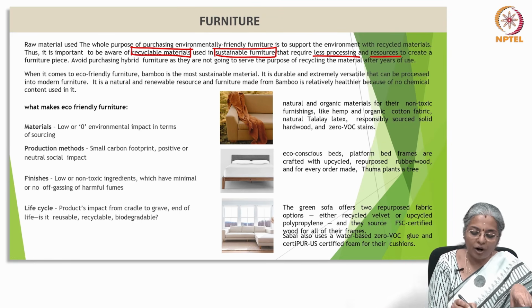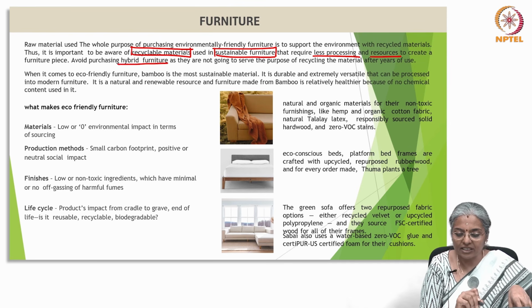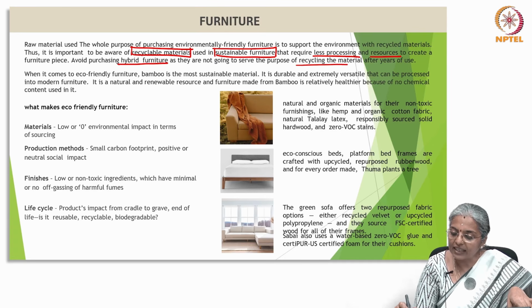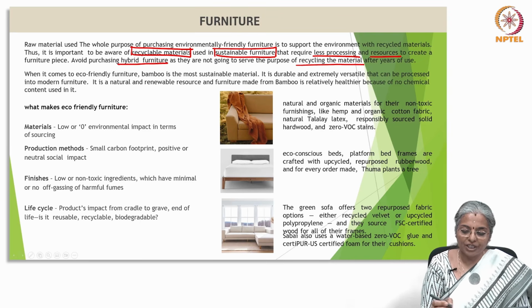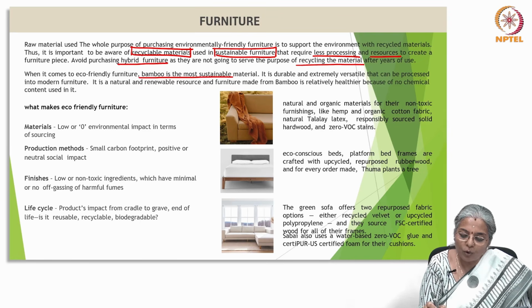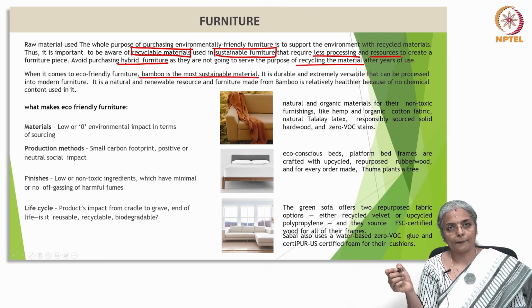So, we should avoid purchasing hybrid furniture as it is not going to serve the purpose of recycling the material after years of use. When it comes to eco-friendly furniture, bamboo is the most sustainable material.